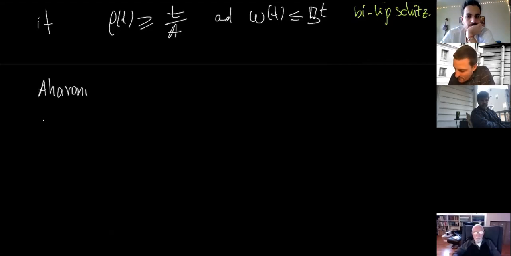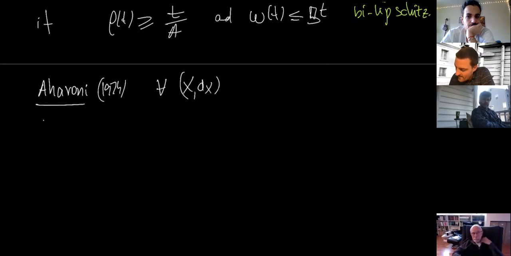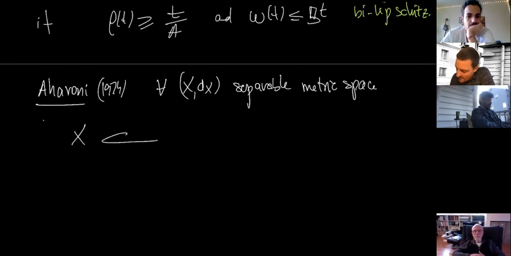So there is a result that is important for us here, which is a result of Aharoni, which says the following thing. Every separable metric space admits a bi-Lipschitz embedding into the space c0.